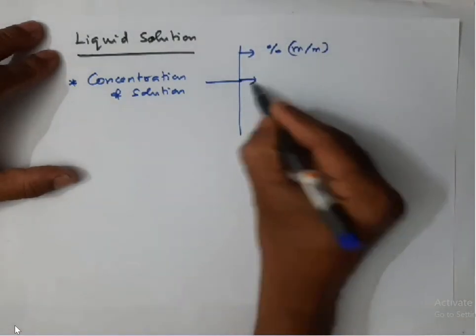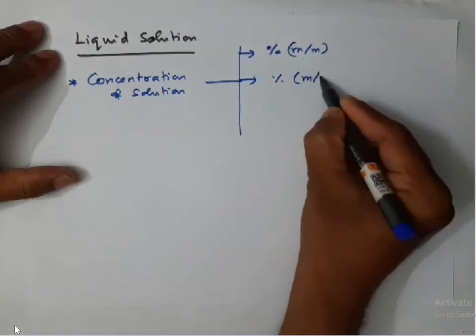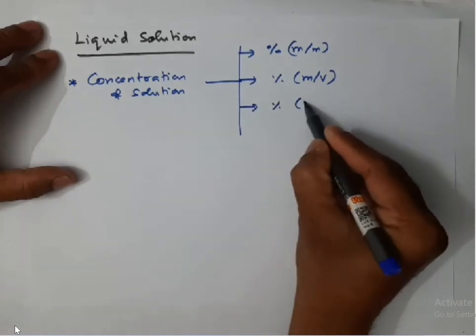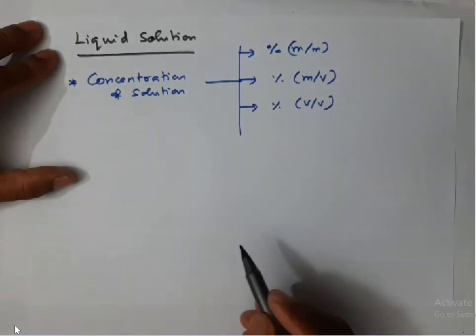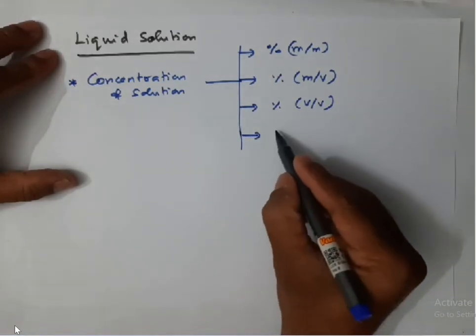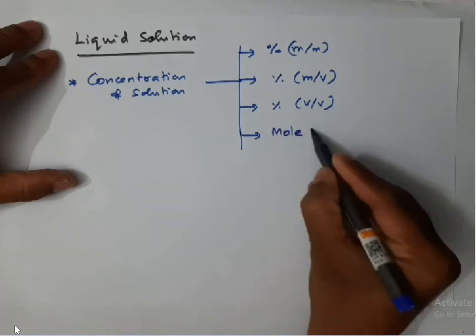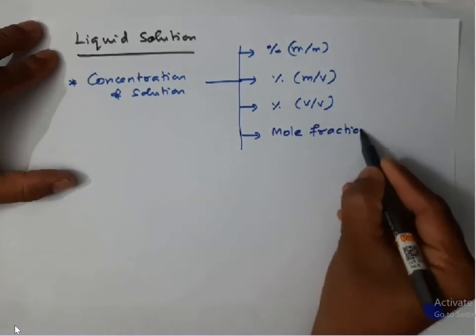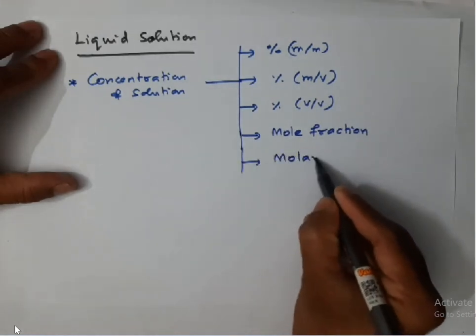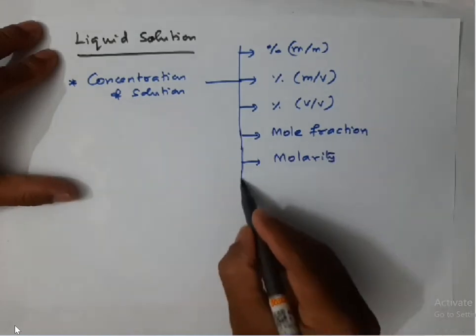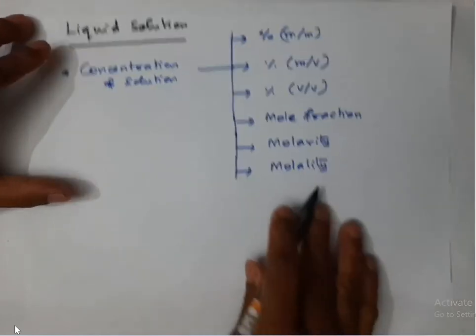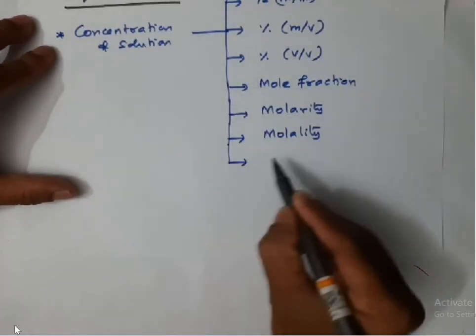You can express concentration as percentage mass by volume. You can express concentration as percentage volume by volume. You can express concentration by mole fraction. You can express concentration by molarity. You can also express concentration by a term called normality.